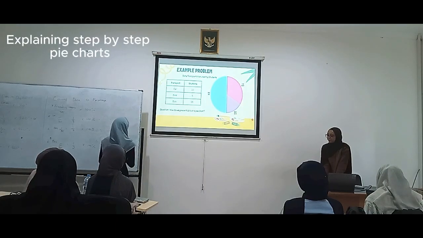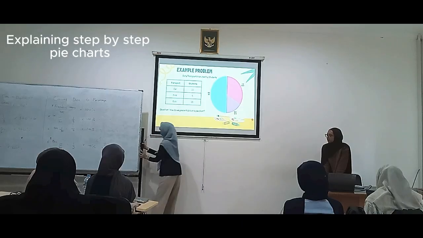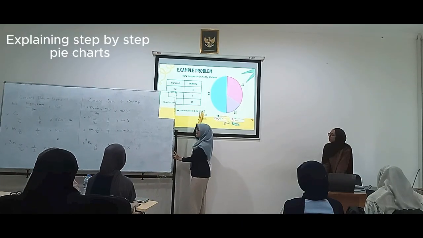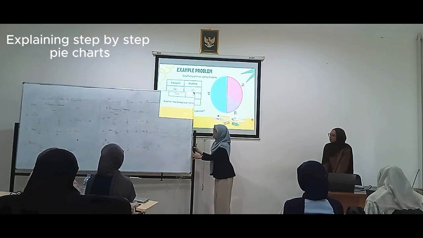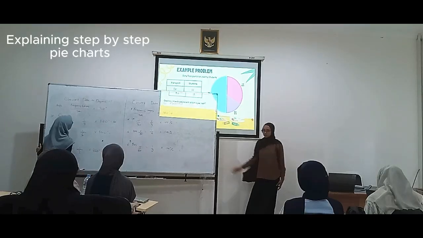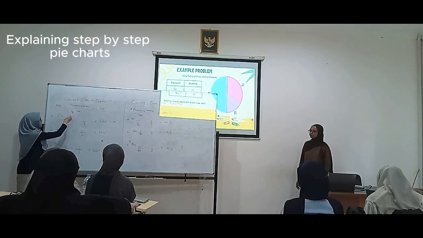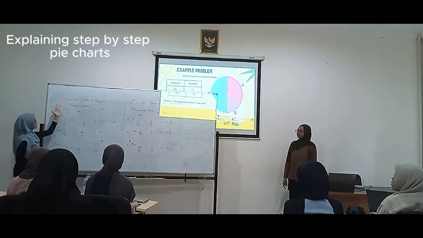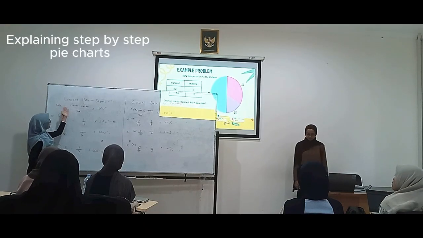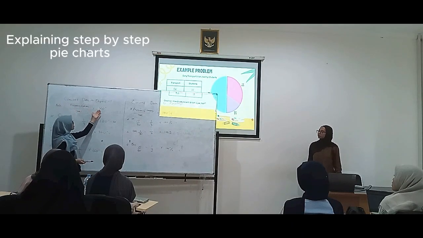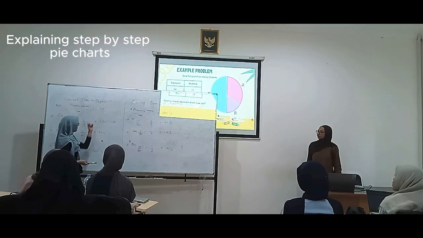No. Okay. First step, we should analyze the information, and then look at this whiteboard. First, convert data to degrees. The formula is frequency of the category over the total, multiplied by 360 degrees.